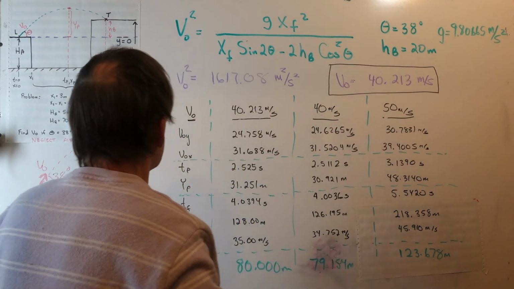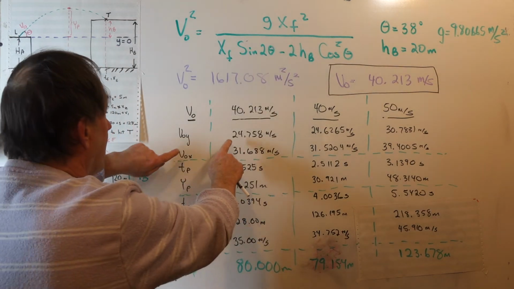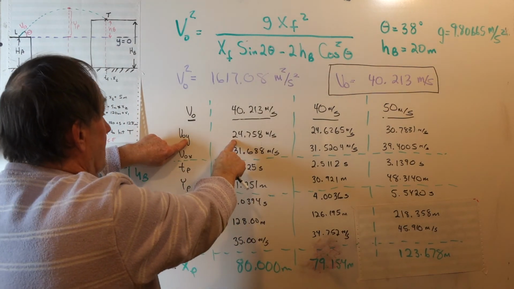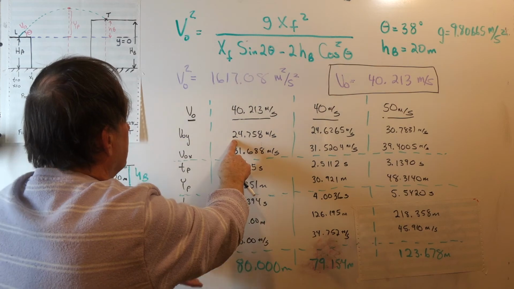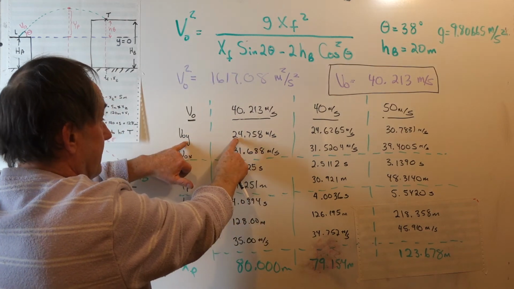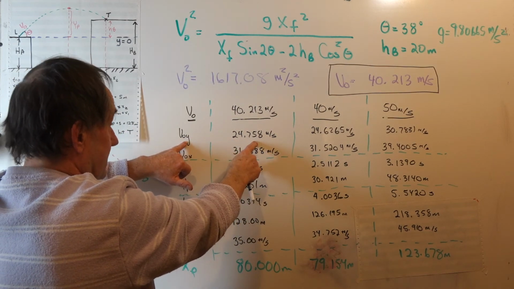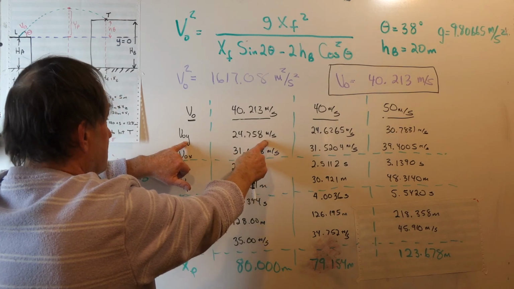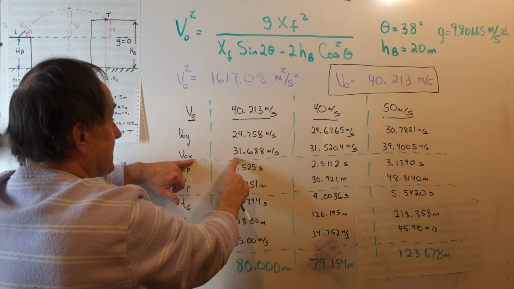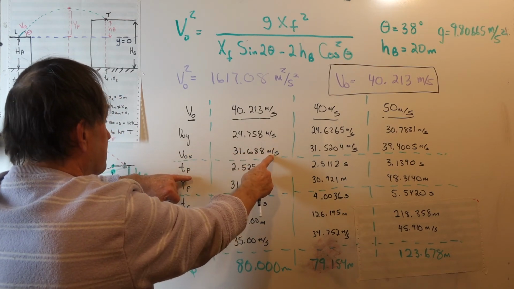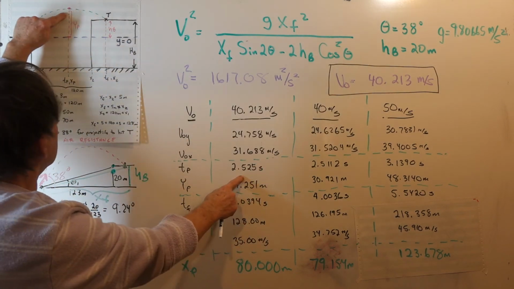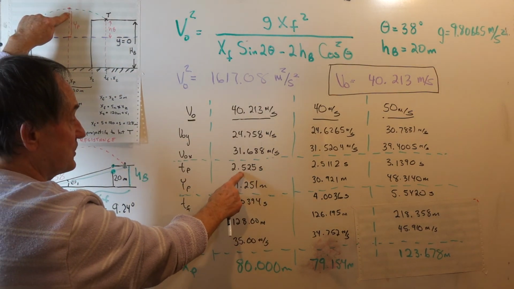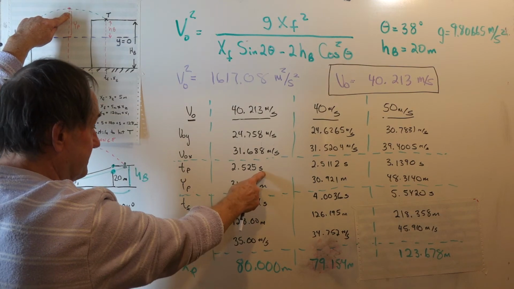So we can see what's going to happen here. Our initial velocity in the y direction, let's use the one for hitting the target, is 24.785 meters per second. The x velocity is 31.688 meters per second. The time that it takes to reach the peak is 2.525 seconds.